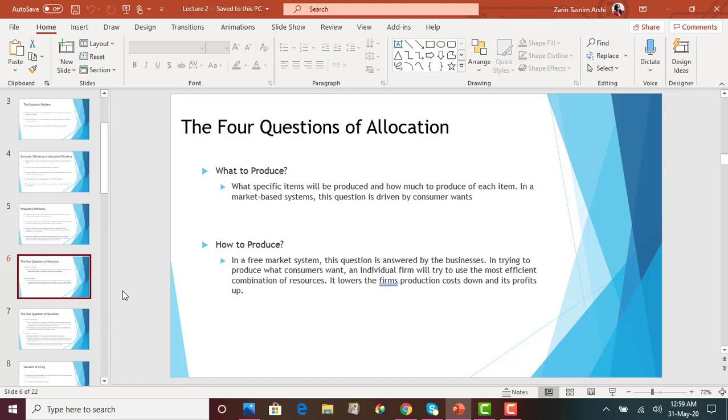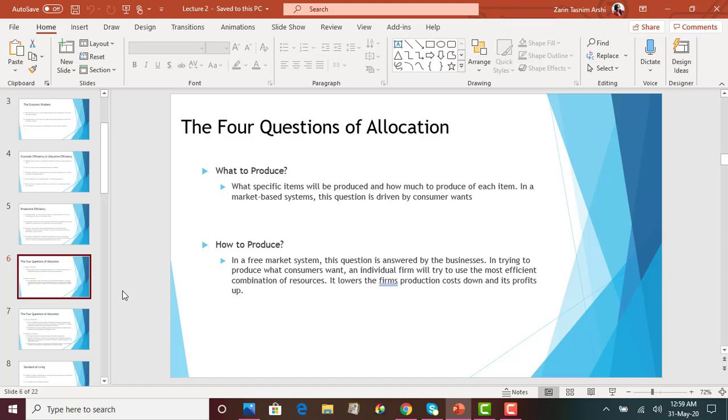So the first question is, what items need to be produced in the economy and how much quantity needs to be produced? Under what to produce, it basically means what goods or services are produced and how much of each of these goods and services are produced. And under a market-based system, this question is answered by the consumers. Us, when we are trying to buy something, based on our demand, producers will take up production.